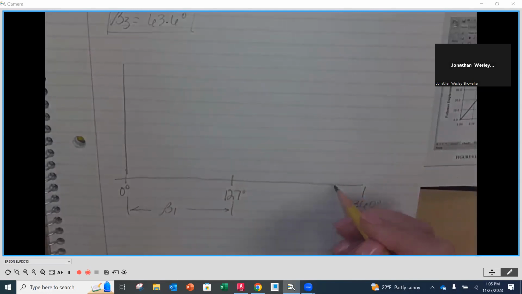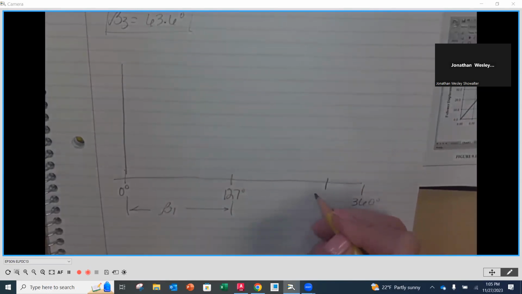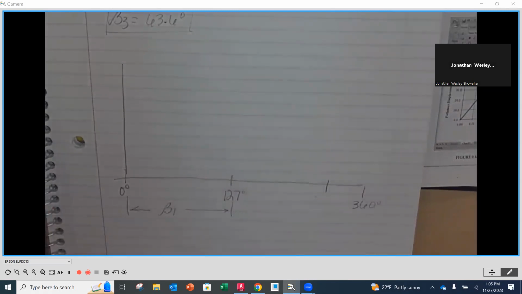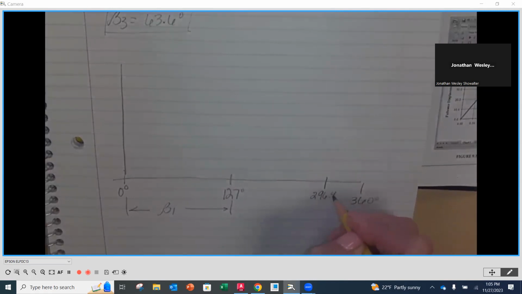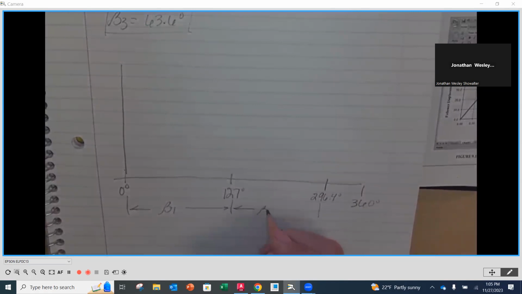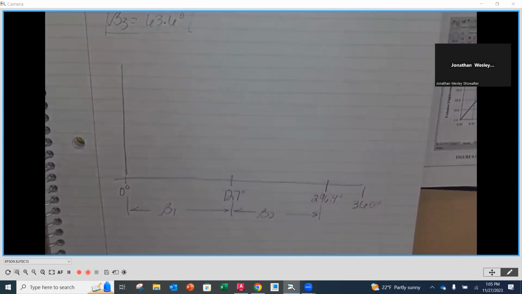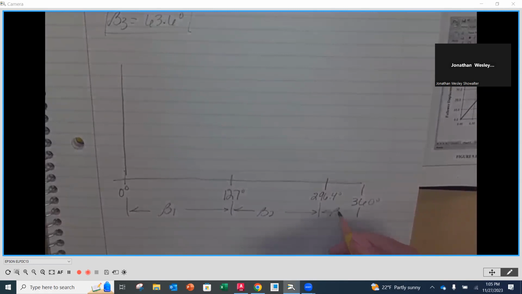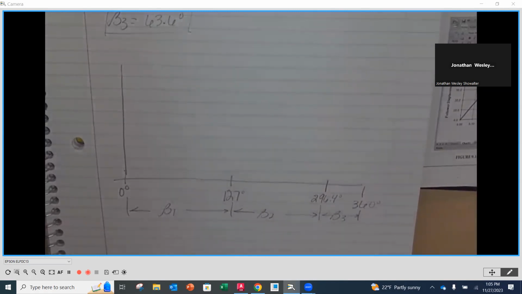Then we've got another 169.4, so for 296.4 degrees from here to here, this is beta 2. And then our last chunk here is beta 3. That's the difference, the 63.6. Does that make sense to everybody? And then as we rotate, 360 becomes 0 again, and we go through that very same cycle. One revolution is all 3 sequences, or 3 steps.